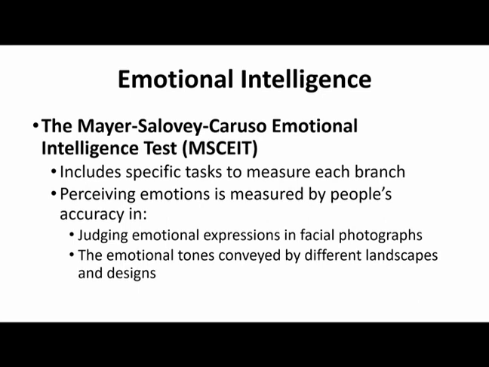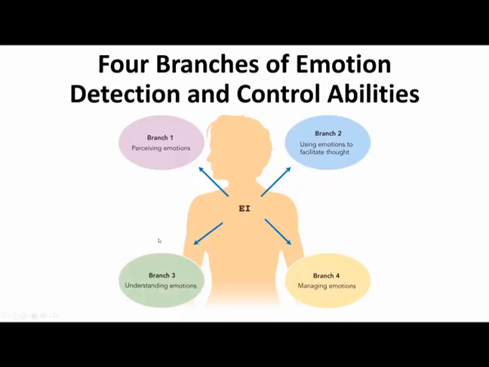You also look at their accuracy in judging the emotional tones conveyed by different landscapes and designs. If you look at art, can you tell that this piece feels sad, or that this design is a happy design? We can also look at the other 3 branches. So that's just the perceiving emotions.